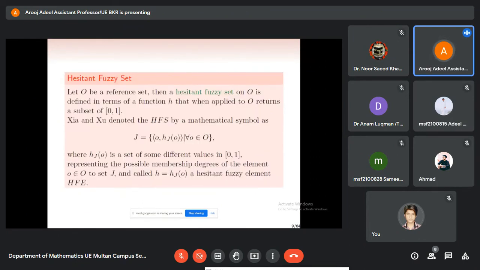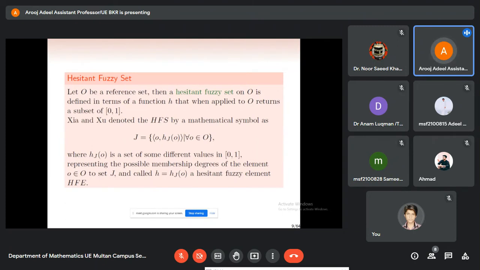Next, we move towards the formal definition of the hesitant fuzzy set. In a hesitant fuzzy set, O is considered as the reference set, where the hesitant fuzzy set on O is a function that, when applied to O, returns a subset of the closed interval [0, 1].